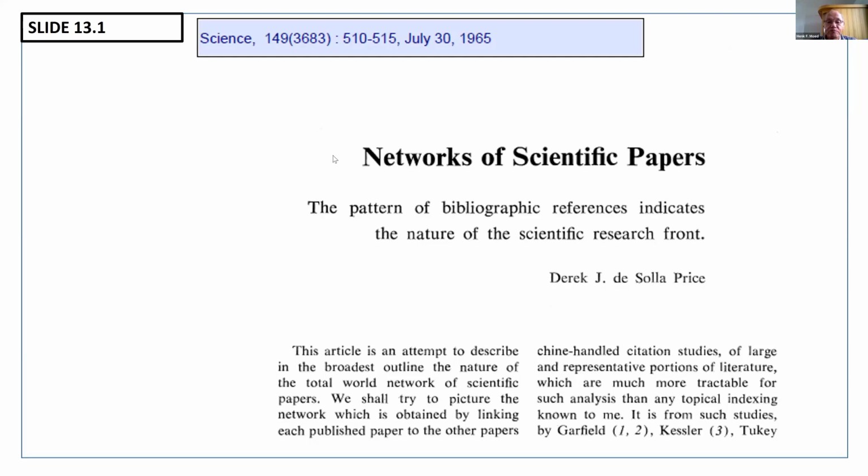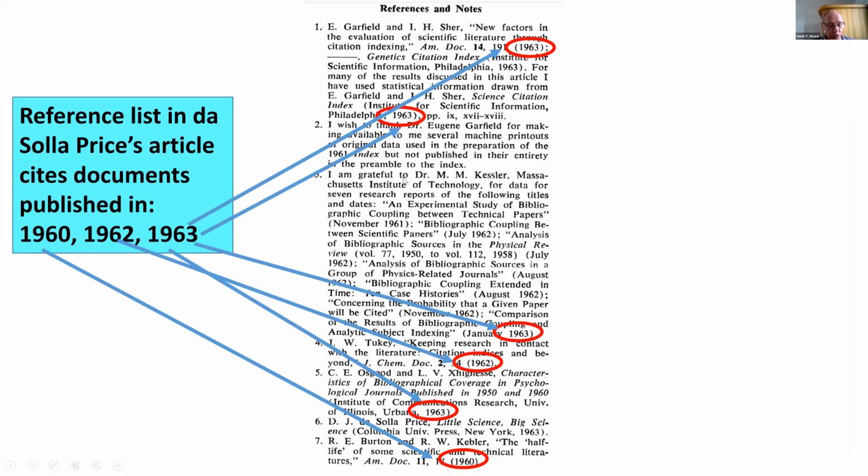in the field. Now, as a start, here you see the reference list in the same paper by Derek de Solla Price. So you see the articles that are being cited in his article. And you can also see that there are papers published in different years. So most of the articles that de Solla Price cites are published in 1963.